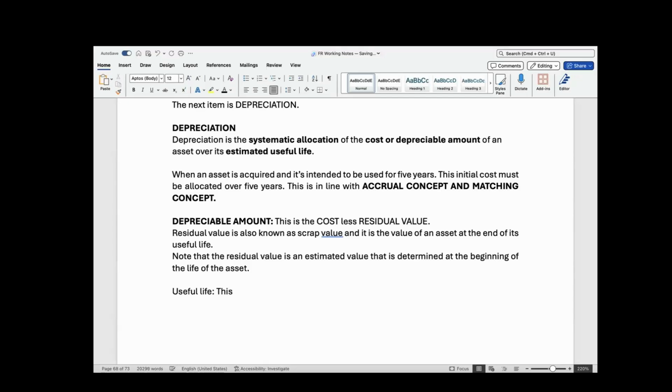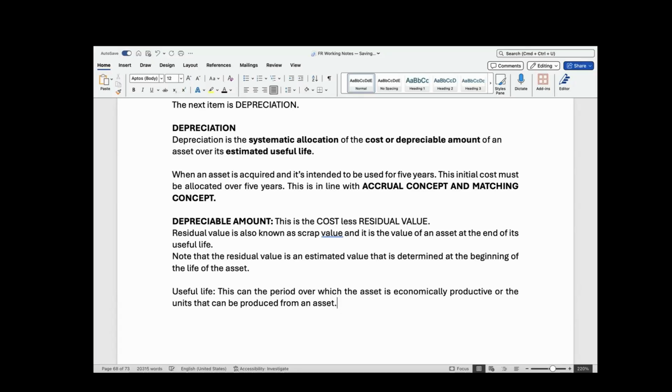That mentioned, there is also useful life. This can be the period over which the asset is economically productive, or the units that can be produced from an asset.